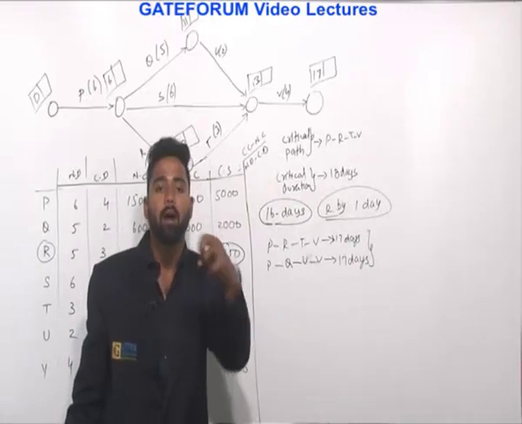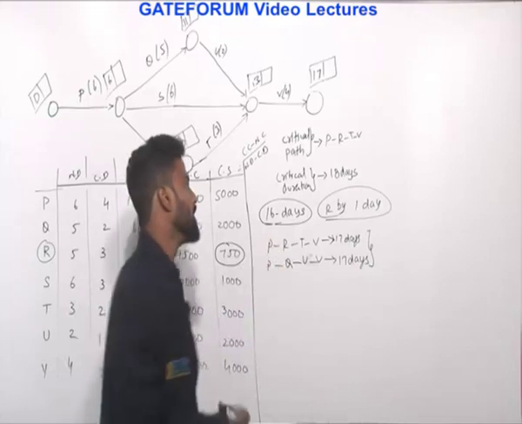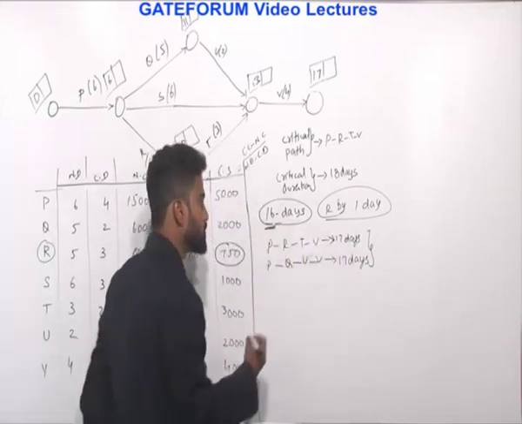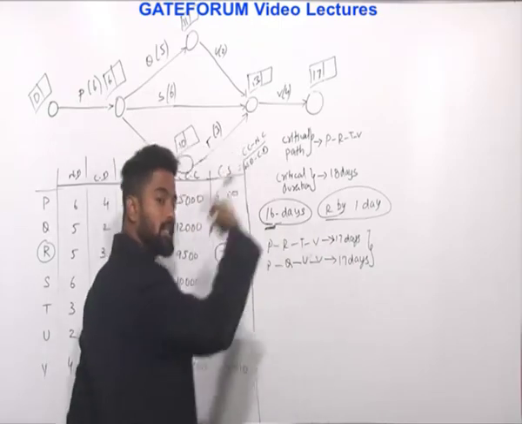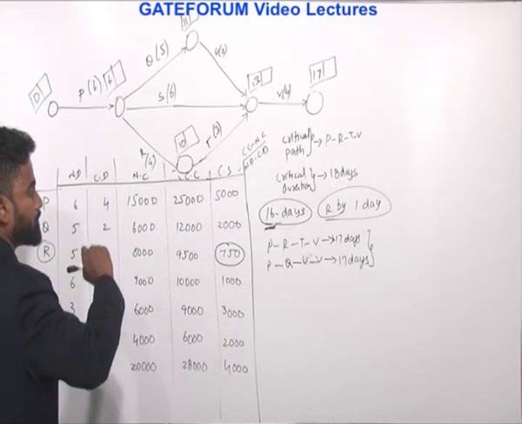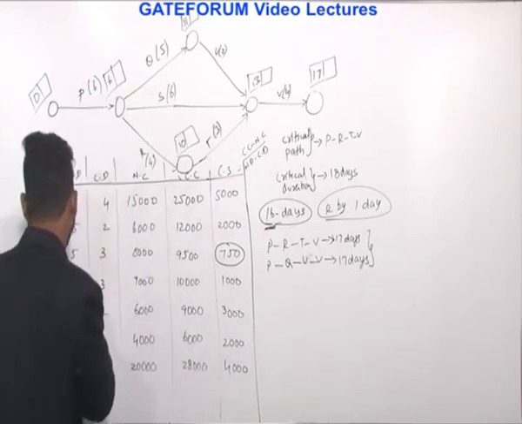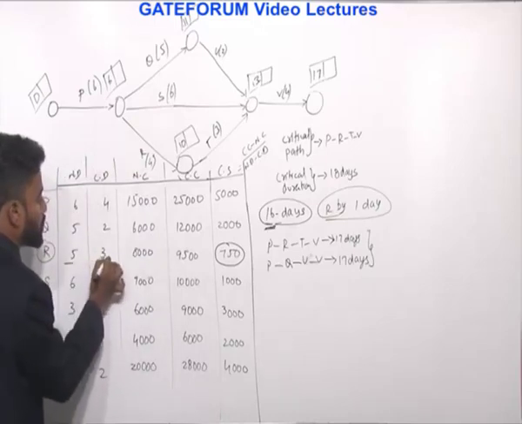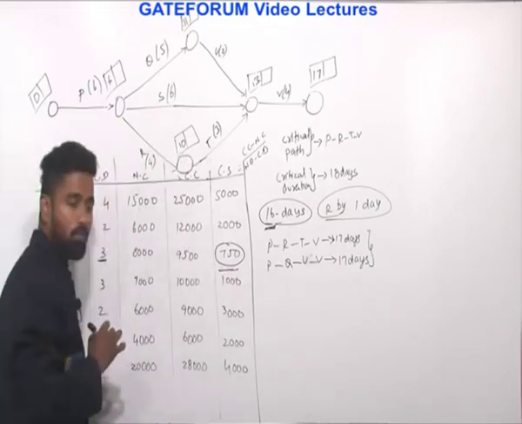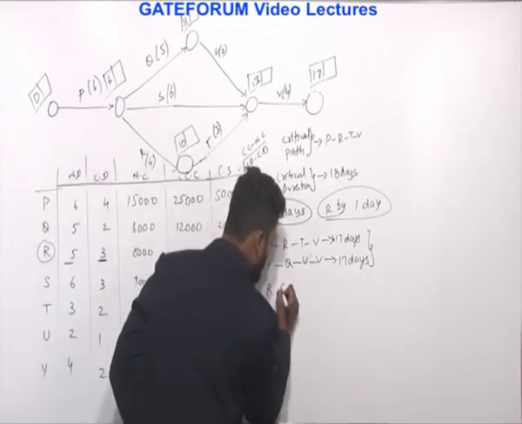Now you have to do the combined crashing of these two paths for the next level of crashing. So finally we have to reach 16 days. The next level of crashing goes like this. In PRTV, you can crash R by 1 day.